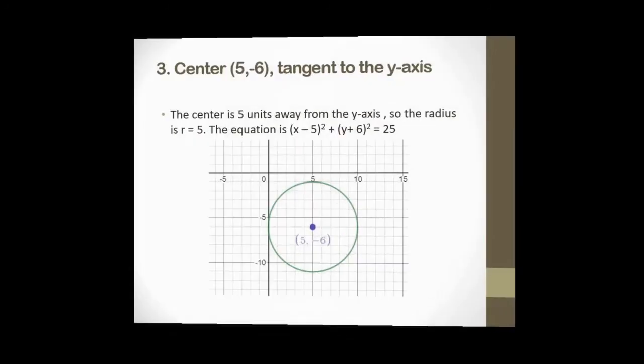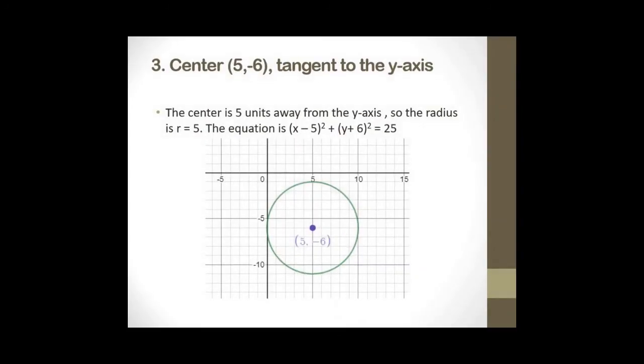Now, our next one is number 3. Center (5, negative 6), tangent to the y-axis. The center is 5 units away from the y-axis, so the radius r is equal to 5.